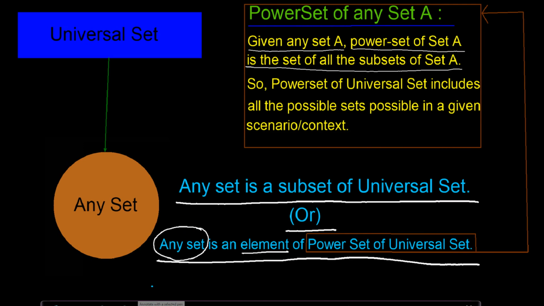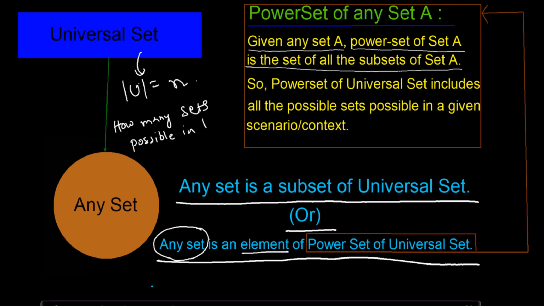So if the number of elements in the universal set is n, then how many sets are possible in this context?